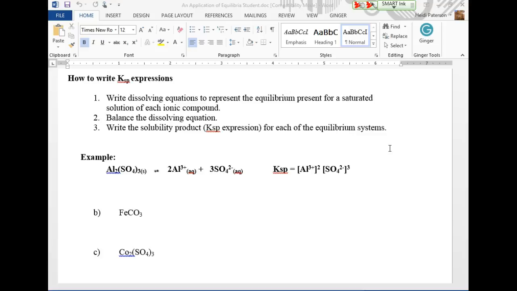Then I can convert this into a Ksp expression. Remember that solids are not going to appear in this Ksp expression.